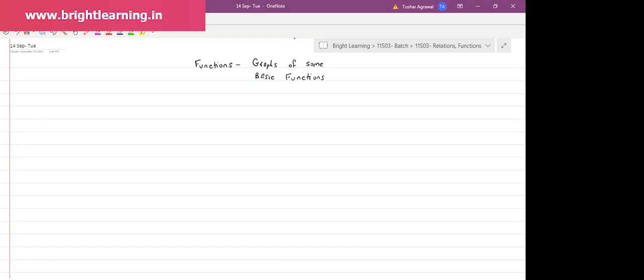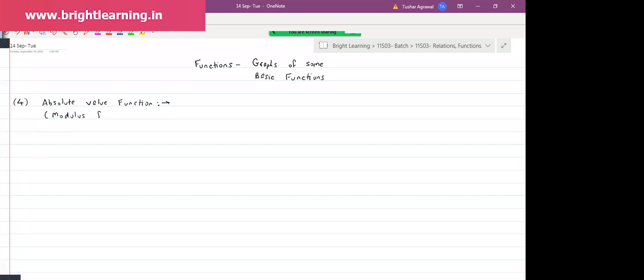Okay. So let's continue further with the functions and relations, the graphs. The next function that we want to deal with is the absolute value function. So this is, I think, function number 4. The absolute value function is also called the modulus function.